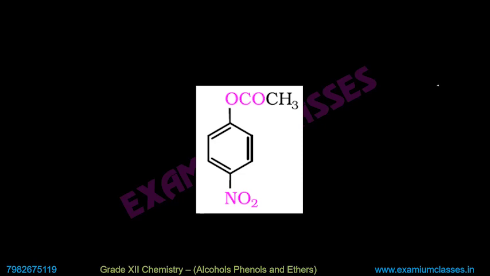Phenyl means just benzene ring attached to something else, and methanoate means the ester group. So you have phenyl, methanoate. This is phenyl methanoate.